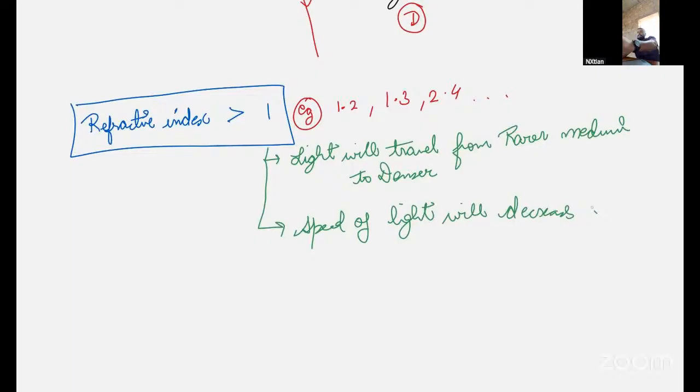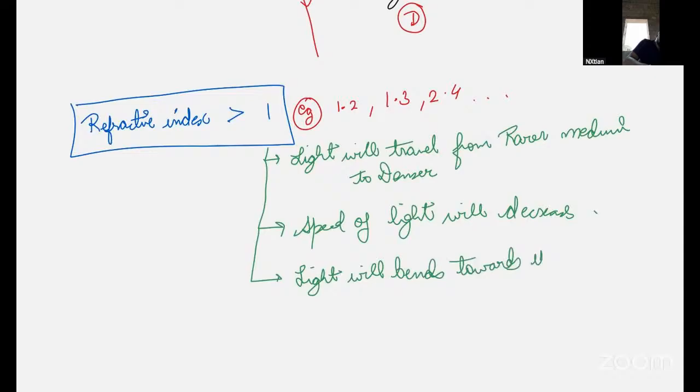The third part is that light will bend towards the normal.